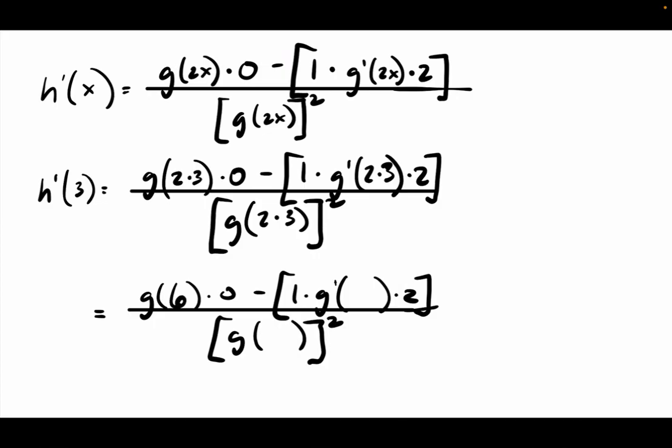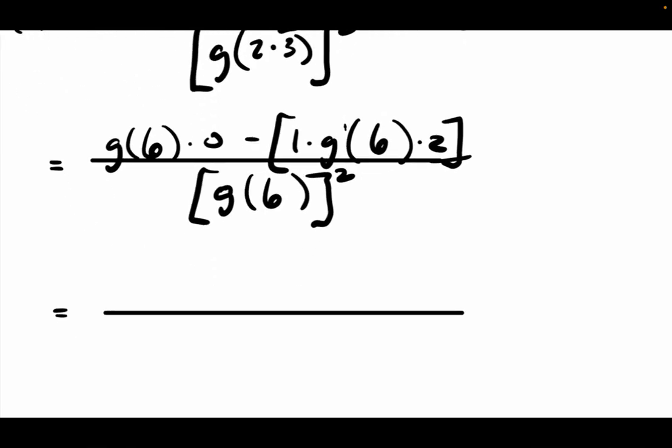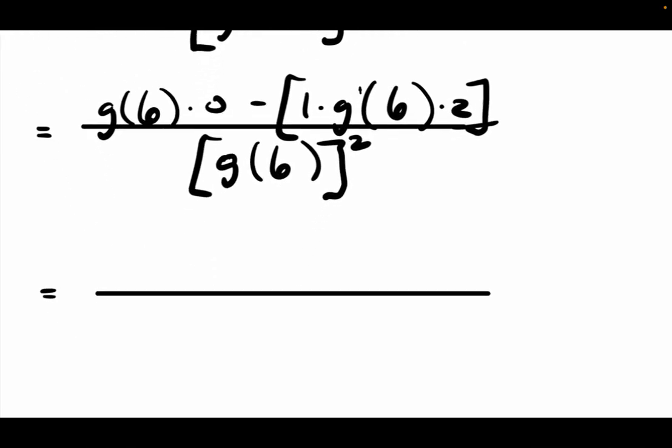Last time I checked, it was 6. So now I can go to the table. Go to the table. What's g of 6? Negative 2. Negative 2 times 0 minus 1 times g prime of 6. Go to the table.